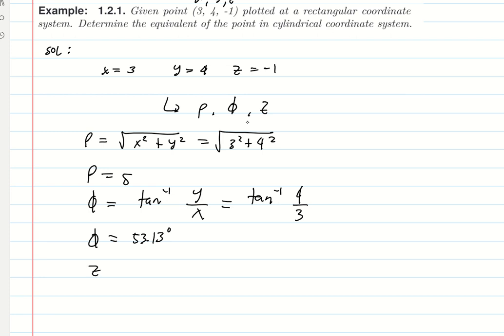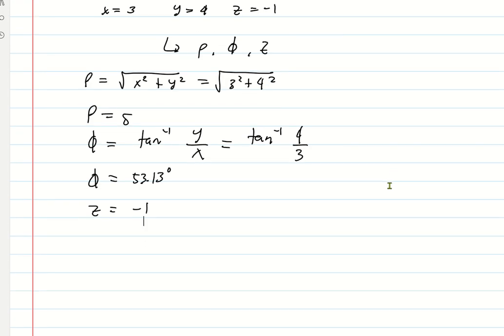Then for z, because we are converting from rectangular to cylindrical, z is the same, -1. So our equivalent coordinate in cylindrical is (5, 53.13 degrees, -1).